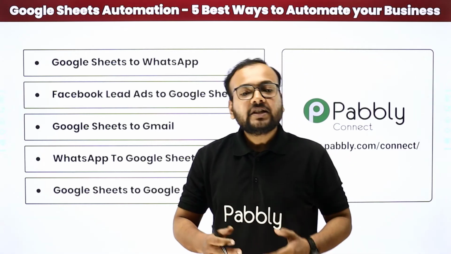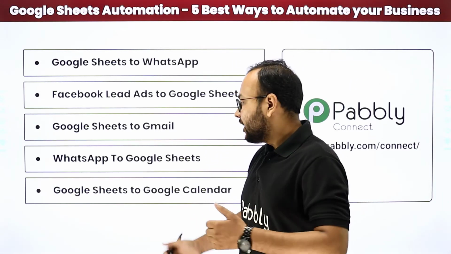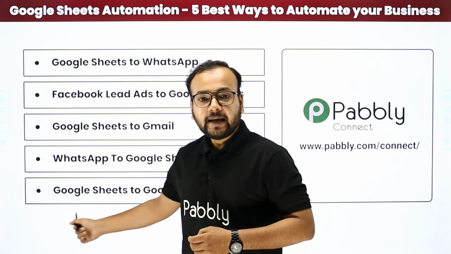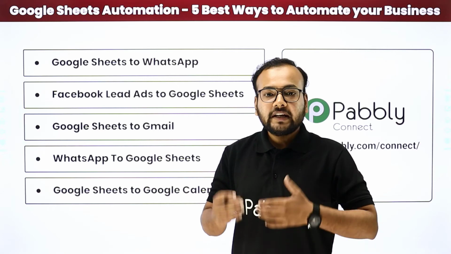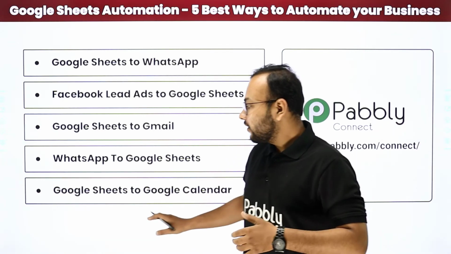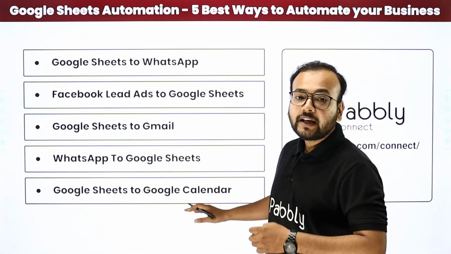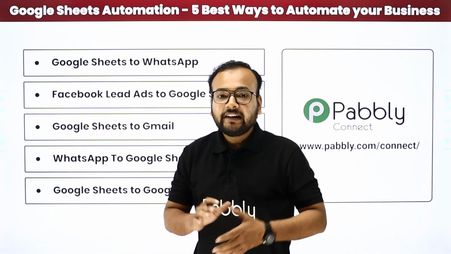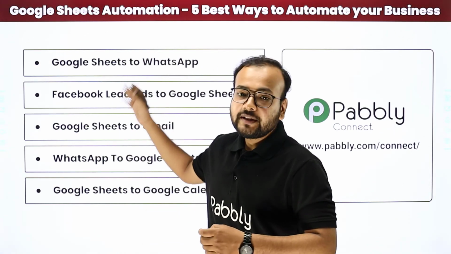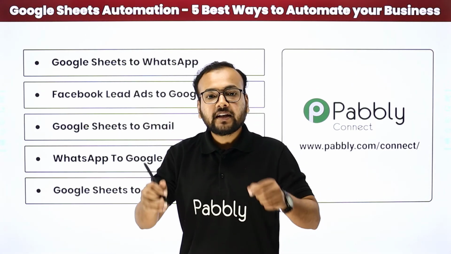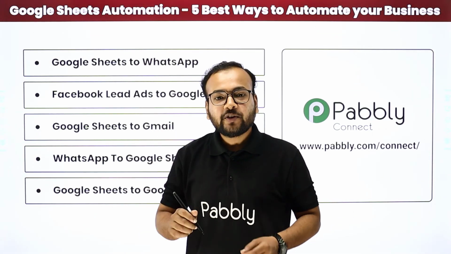So in that way, you will have a record in your spreadsheet application of events that you want to schedule in future, and you can directly see what you are going to do, what events you have to attend, here from Google Sheets only, and the same events will be created in Google Calendar as well. So this is a very interesting automation, and guys, we have videos on all these automations and I have pasted the links in the description, guys. So do watch them and automate your business today.